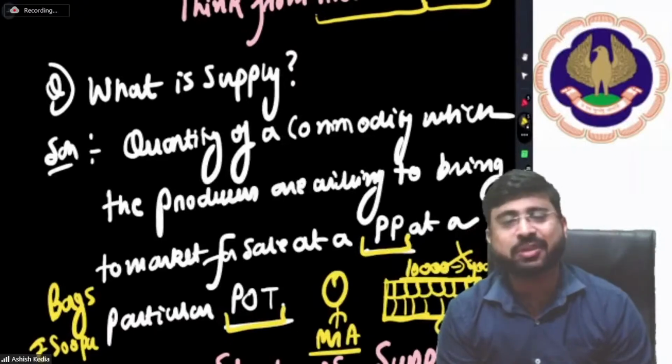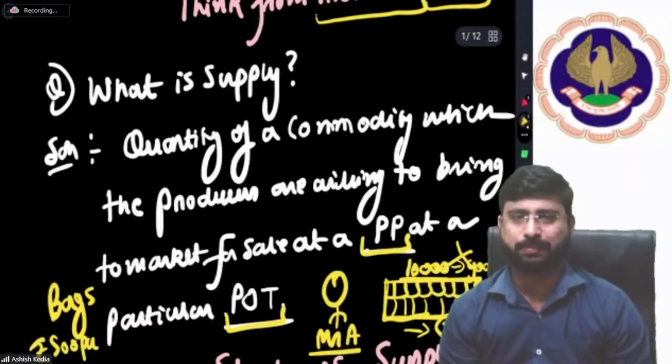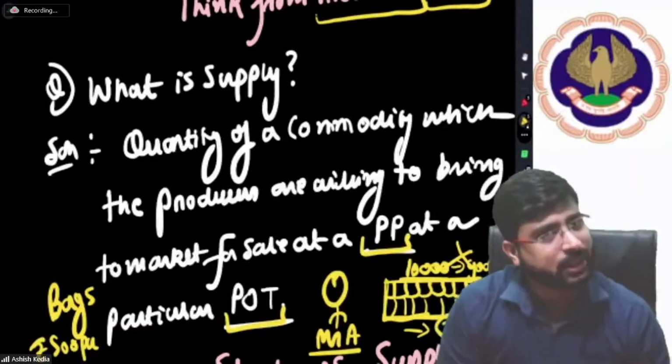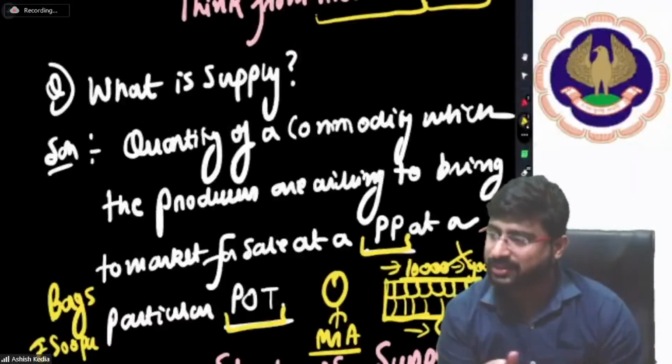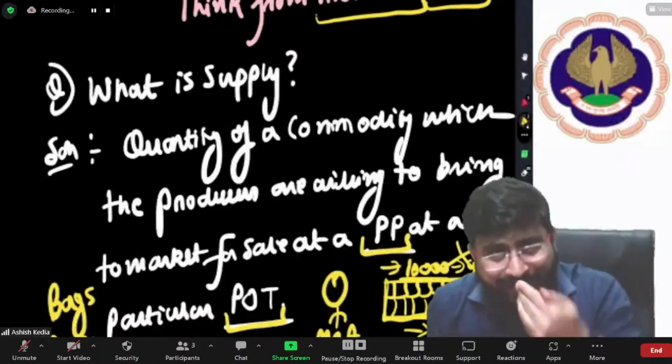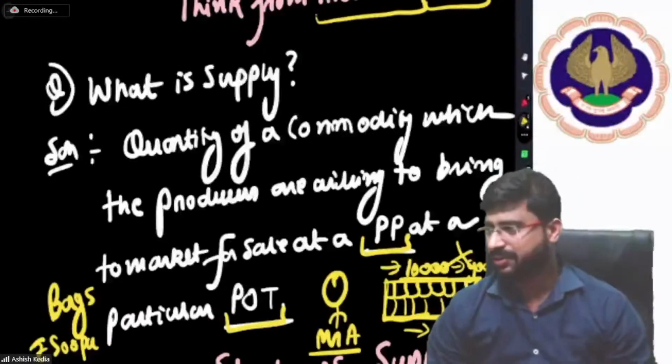What will be the supply? 3,000 units. The 10,000 units is the stock which the producer has in the godown. What they are ready to bring to the market for sale is supply, which is 3,000 units.